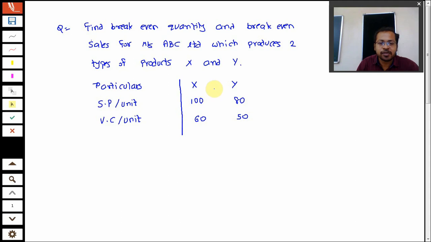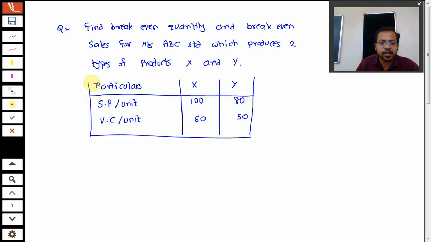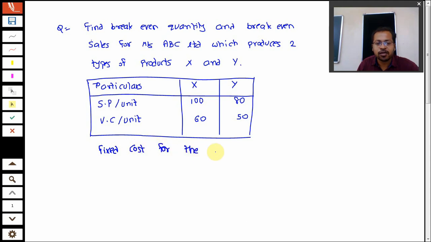So this information is given by them. And they will also give you fixed cost for the company.